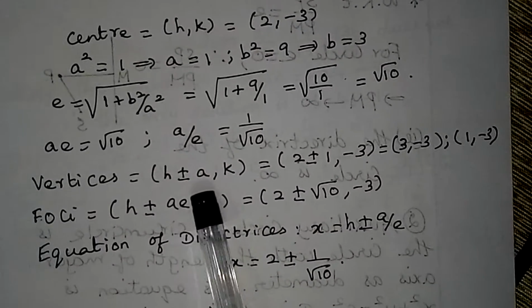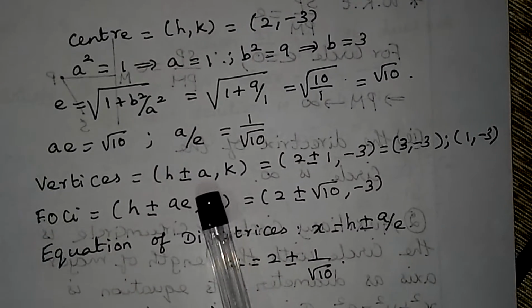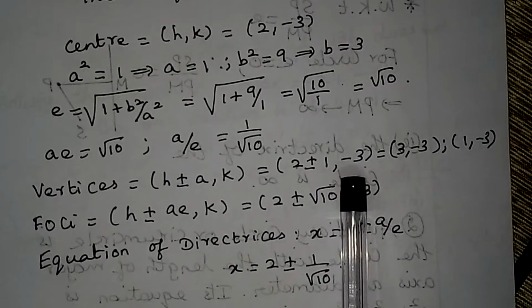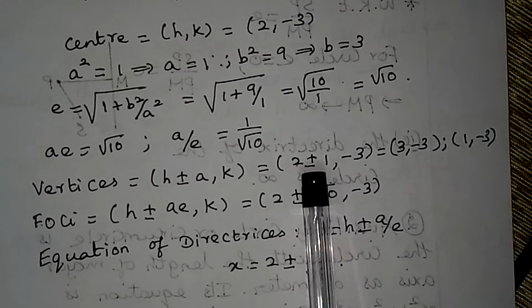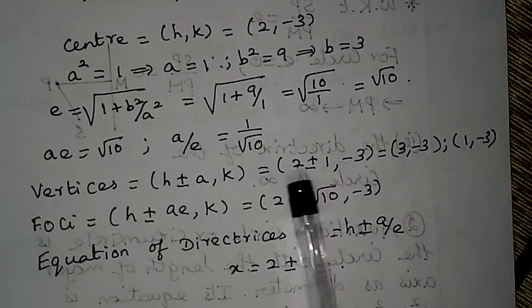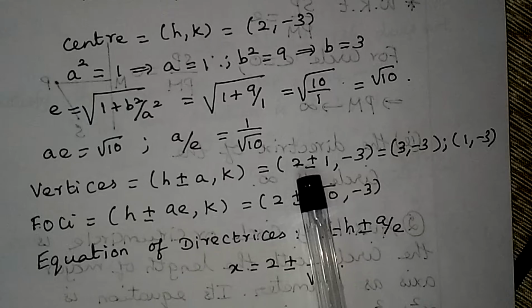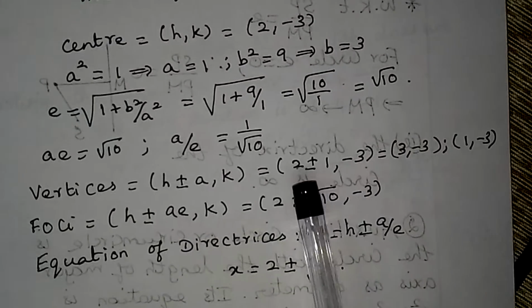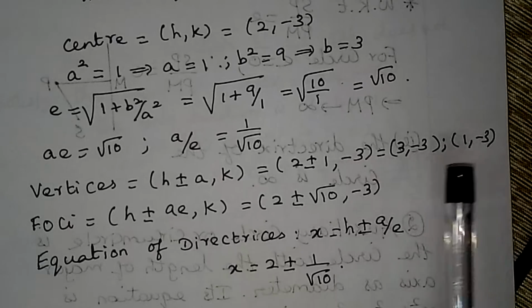Vertices: h plus or minus a comma k is the formula. So h is 2 plus or minus a is 1 comma k value is minus 3. Take plus value first. 2 plus 1 is 3. Then take minus value. 2 minus 1 is 1. So 3 comma minus 3 and 1 comma minus 3.